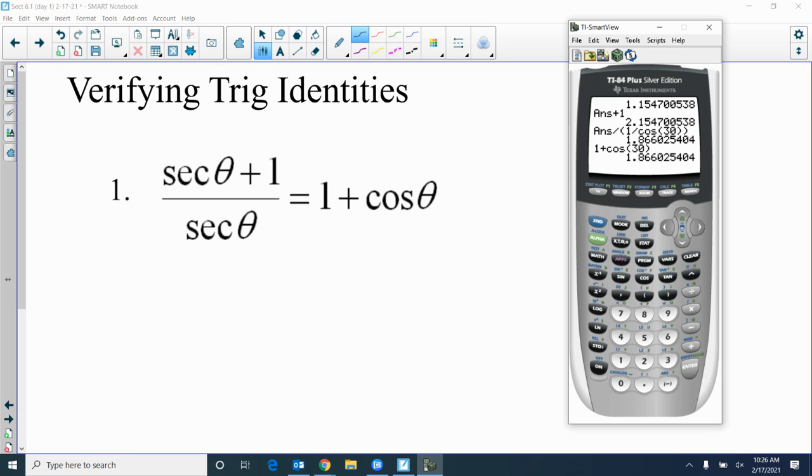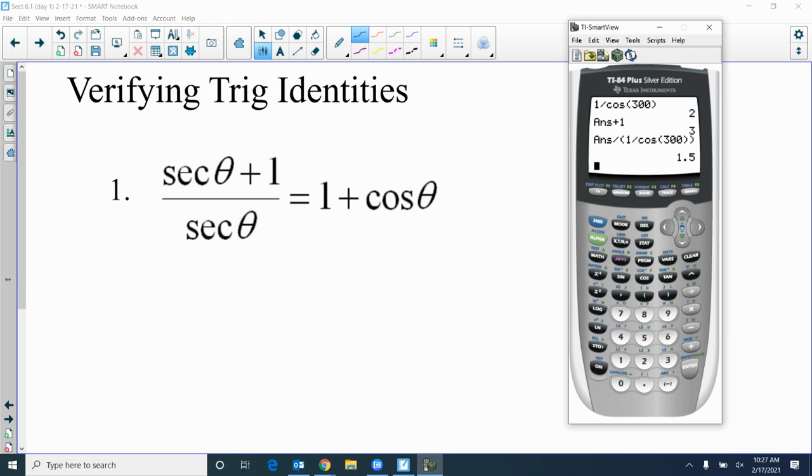Now, this should work for any angle. So you give me 30 degrees. What about 300 degrees? Just real quick. What is 1 divided by cosine of 300? Take that answer. Add 1. And then I divide that by 1 divided by cosine of 300.